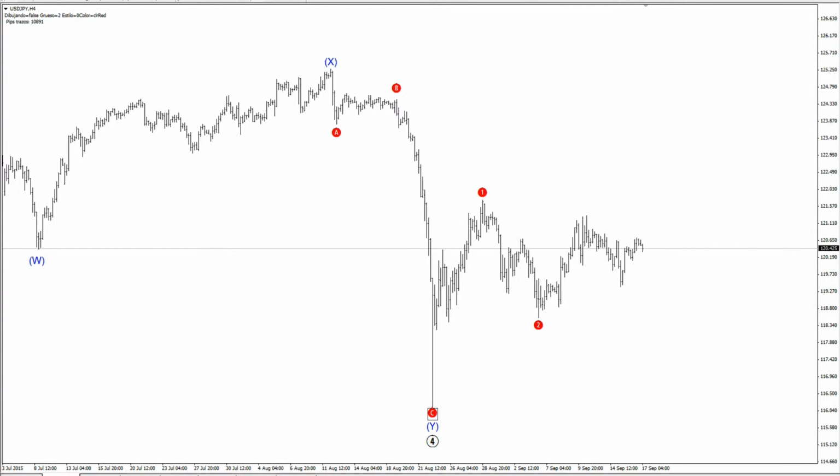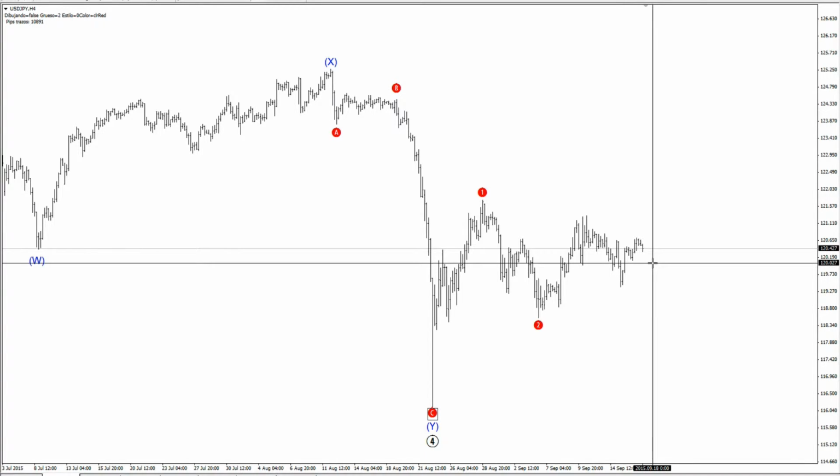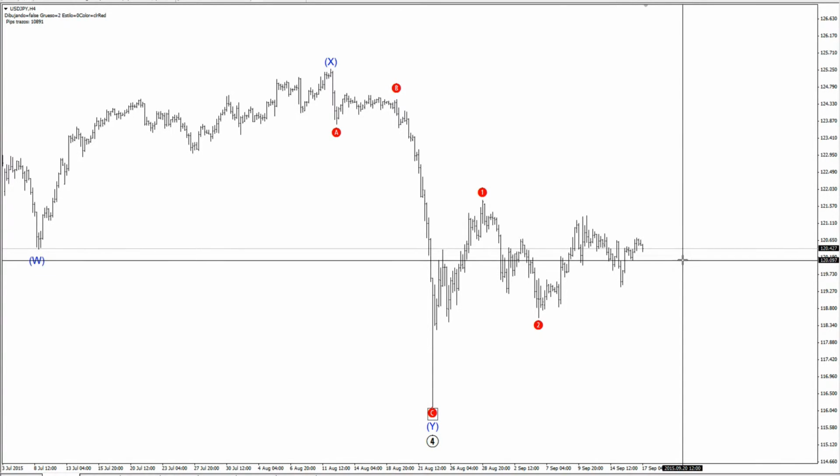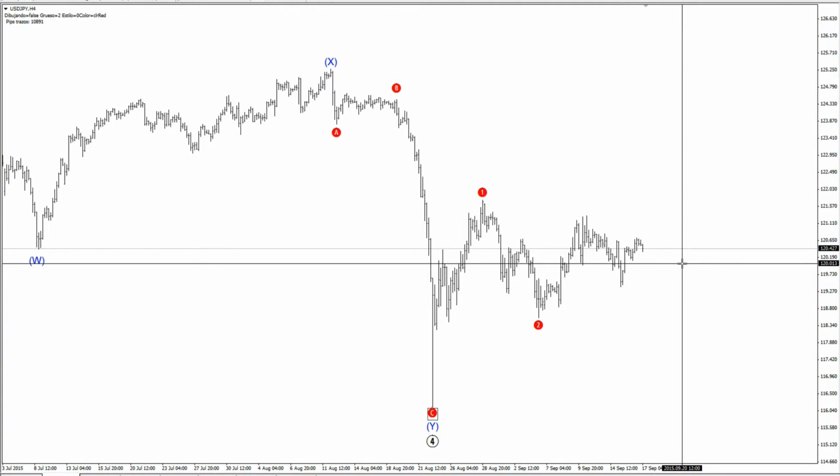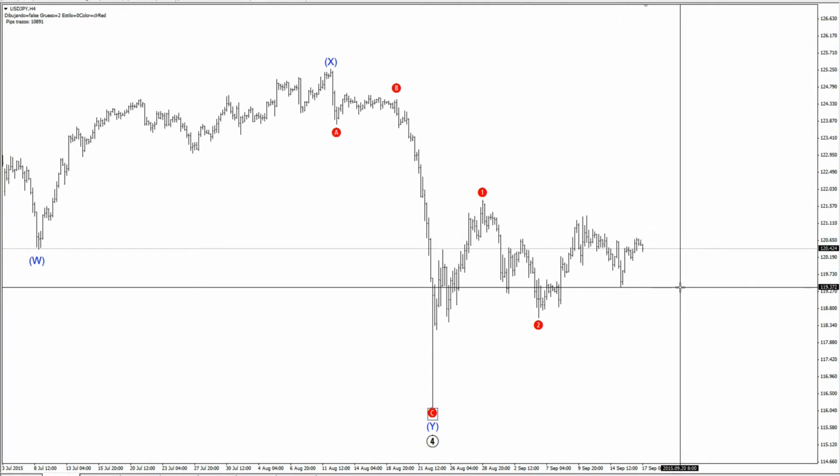Okay, key levels here, 121.3 is the next resistance level, and 120 psychological level is still on my notes as the support level. 120 level has acted as a minor support level, but there is also a support level at 119.37.